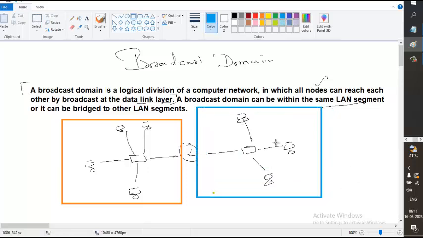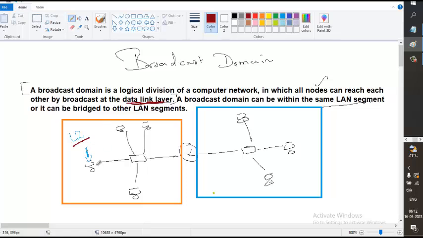Why? If this computer sends a layer 2 broadcast packet, layer 2 broadcast meaning data link layer, here it is written, data link layer means layer 2, meaning MAC address.